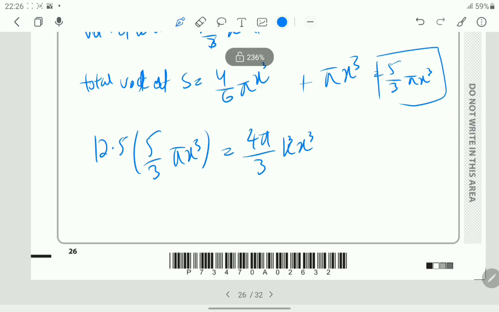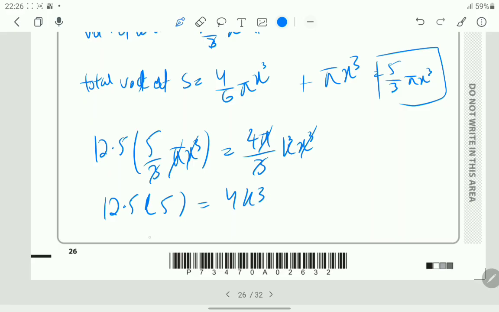And so just solving this, we get 3 and 3 cancel, x cube and x cube cancel, pi and pi cancel, we get 12.5 times 5 equals 4 k cube, and 12.5 times 5 divided by 4 gives us k cube equals 125 by 8.